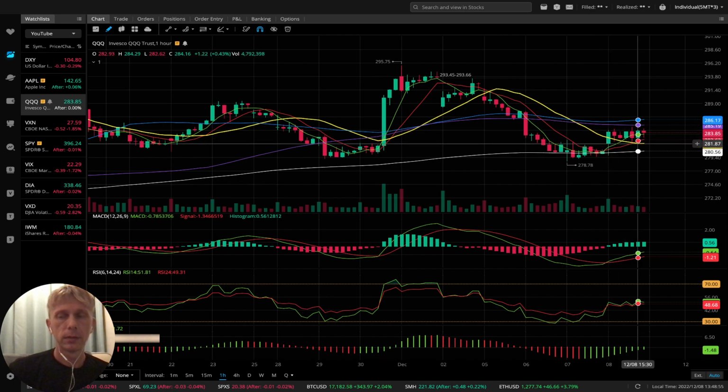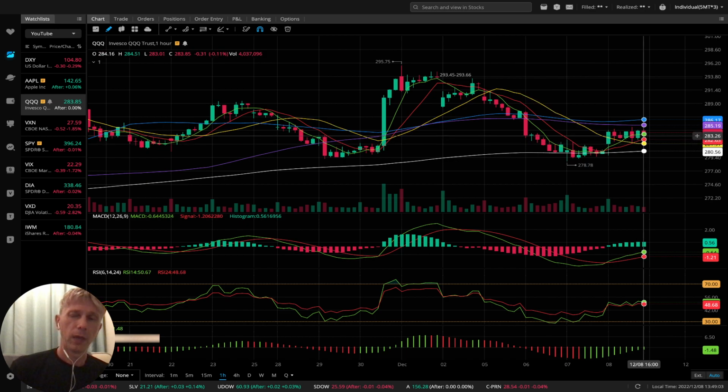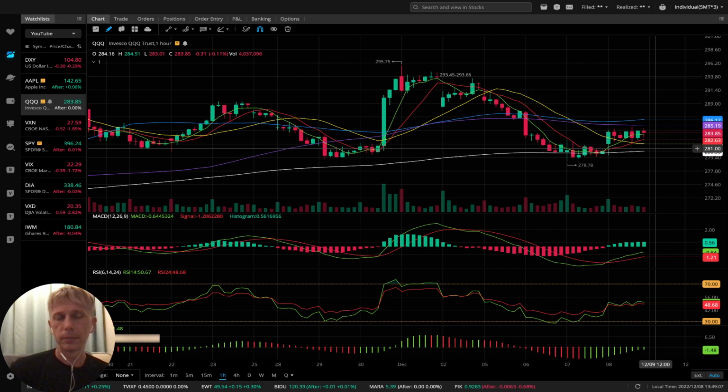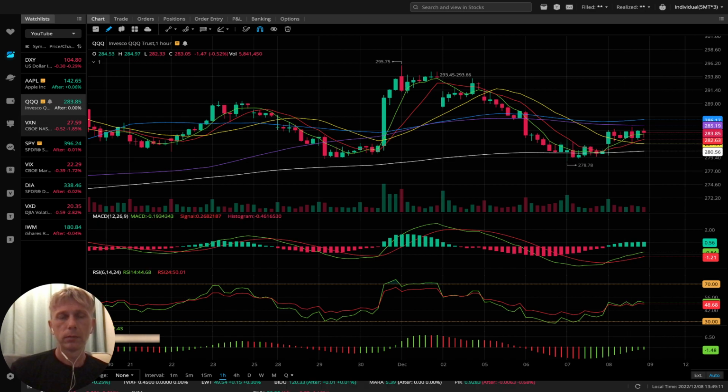It's still a bearish trend. Still bearish kind of power on MA20. We'll see. I think tomorrow it can be a negative day. 1 hour bullish, right? Okay, let's move to VXN.